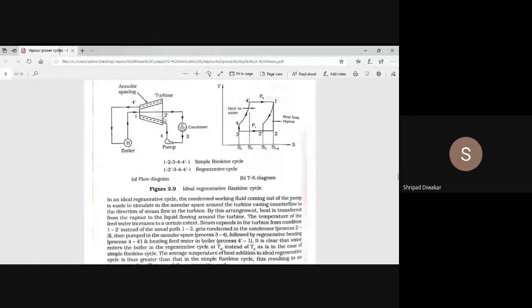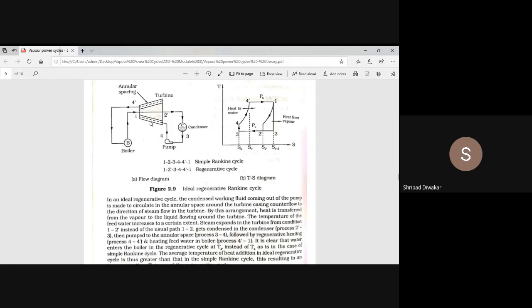Instead of supplying that cold water directly to the boiler, first it enters into the turbine covering, where it exchanges the heat, so that high temperature water from 4 dash then enters into the boiler. What is the boiler? The function of the boiler is to convert the water into steam at a constant pressure. That steam generated in the boiler then enters into the turbine for further expansion.